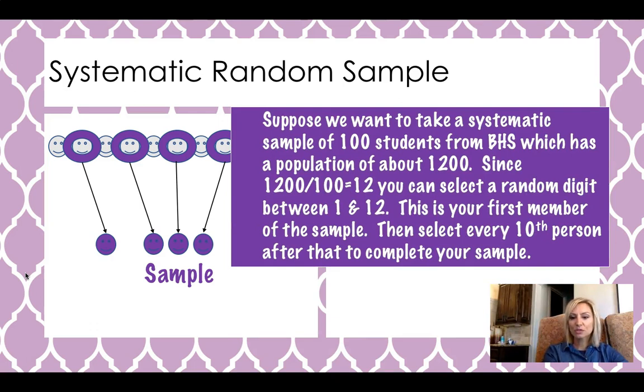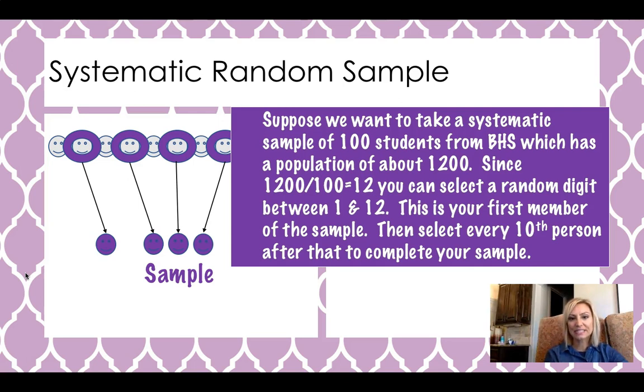So if we're back to our students at BHS, let's say we have 1,200 students and we want to take a systematic sample. We could select a random digit, let's say between 1 and 12. This is our starting point. We select that randomly. We would either pick a random integer from 1 to 12 using a random number generator on our calculator, or we could put the numbers 1 through 12 on slips of paper, place them in a hat, and mix them up and randomly select where to begin.